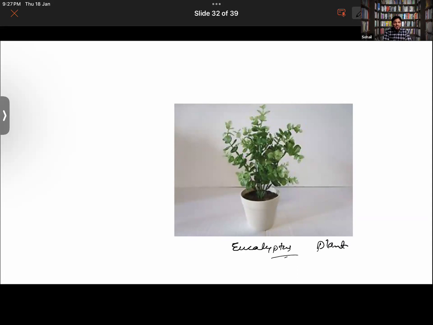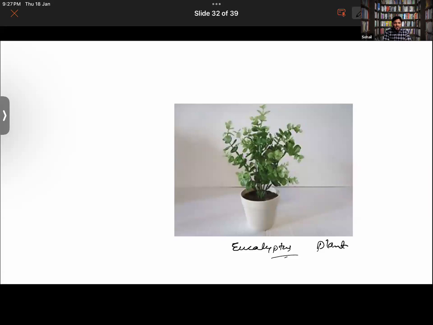Right? Or if there is too much humidity in the room, this plant is kept in the room. So the eucalyptus plant can absorb water from the air at a very fast rate, so it will be absorbing the water at a faster rate.